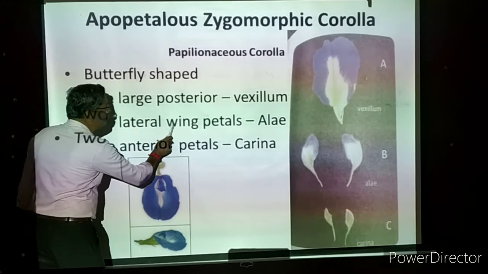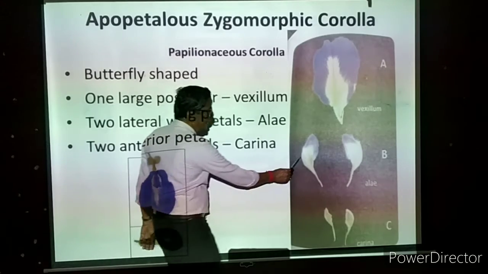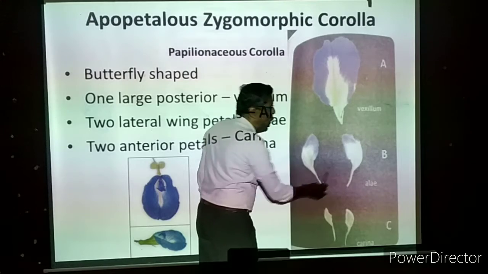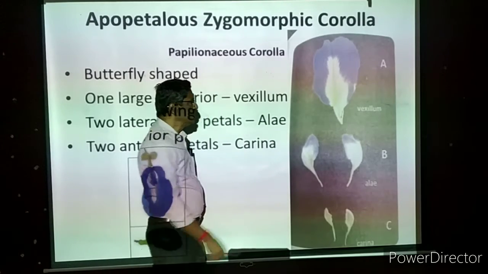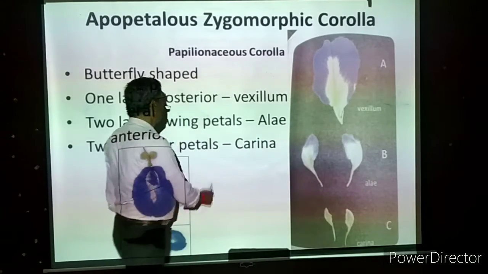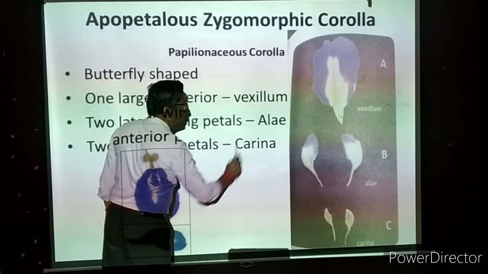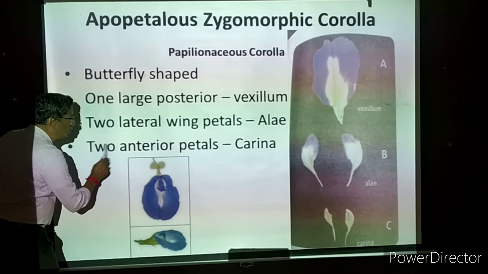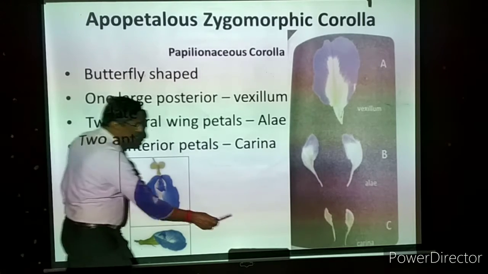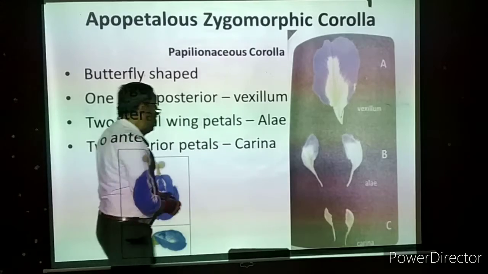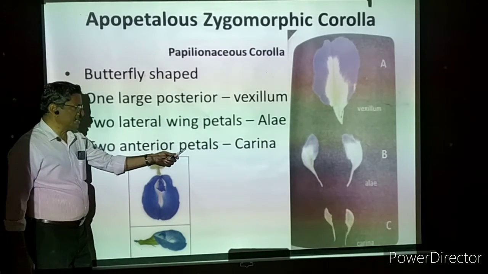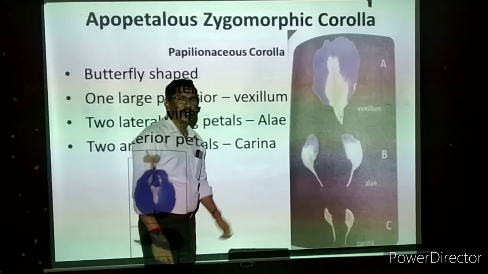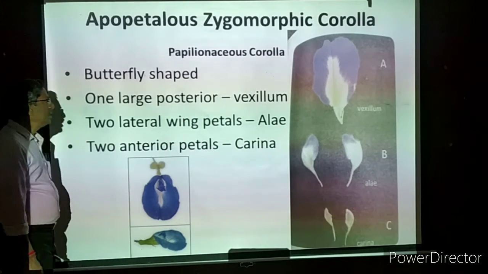Two lateral wing petals. Two petals are there at the sides. They give the appearance of the wings of birds. So they are called wing petals. The wing petals are also called alae. And the two anterior petals. Anterior means bottom side here. Two anterior petals are present. They are very small, reduced in size, and are called carina.